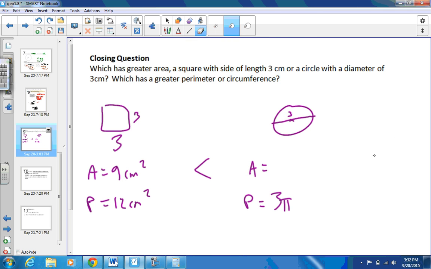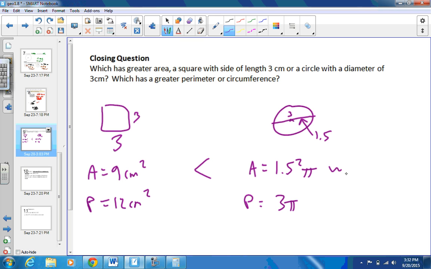Remember, area of a circle is pi times the radius squared. So the radius would be 1.5. So we have 1.5 squared pi, whereas the circumference would be 3 pi. And I'm going to use a calculator to check this.